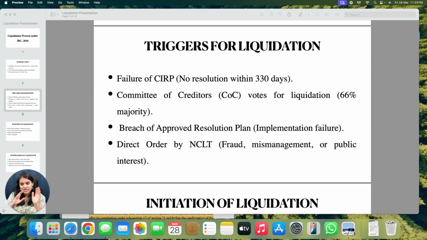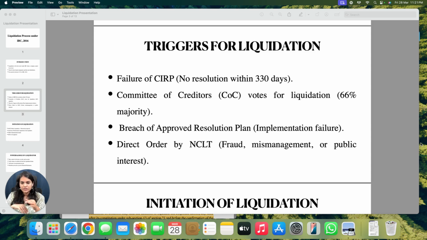This may influence their actions during the CIRP. So if they are no longer able to act as a liquidator as well, then it is their hope that the CIRP process will be undertaken with much more diligence and may see a successful resolution.